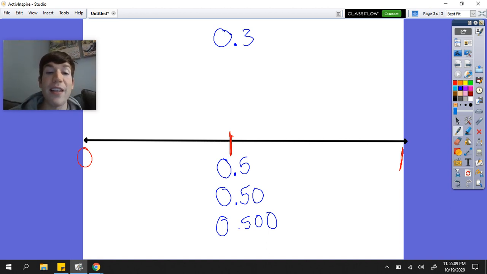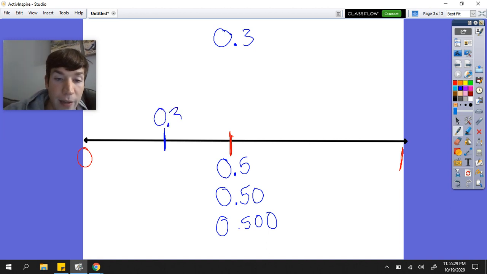So I would say that 3 tenths has to fall somewhere between 0 and 1 half because 5 tenths is half and 3 tenths is less than that. It's 3 tenths away from 0. It's 2 tenths away from a half. So I would say it's a little closer to a half. So I would put 3 tenths on my number line.